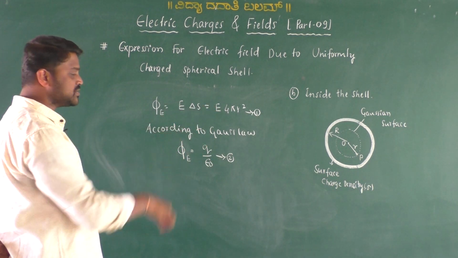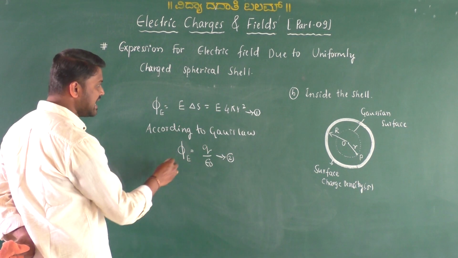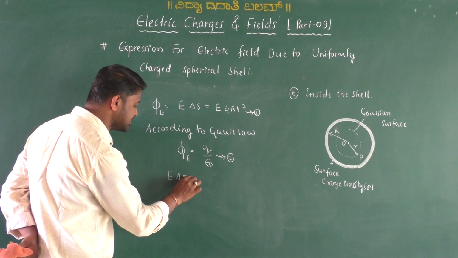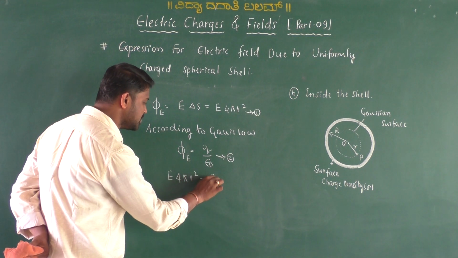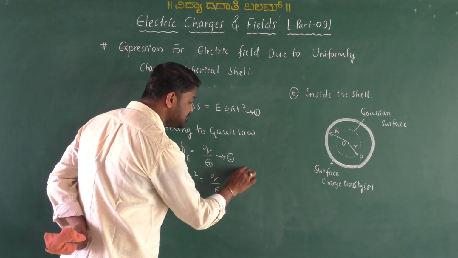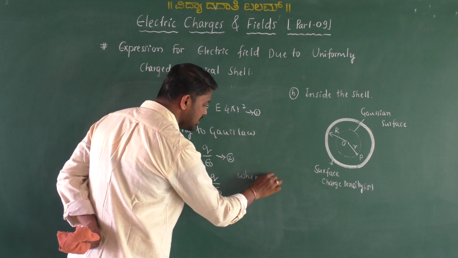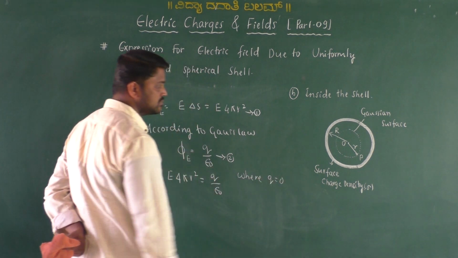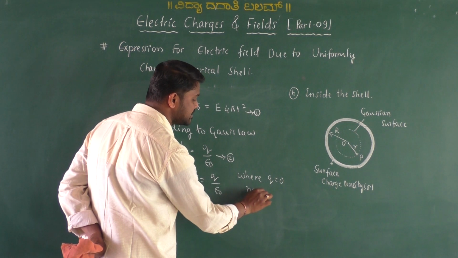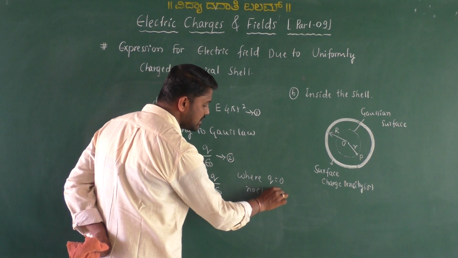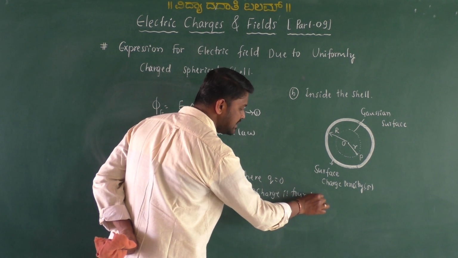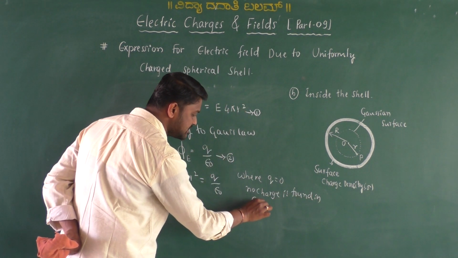Again comparing these two equations, E 4 pi R square equals Q by epsilon naught, where Q is 0, in the sense no charge is found in the Gaussian surface.